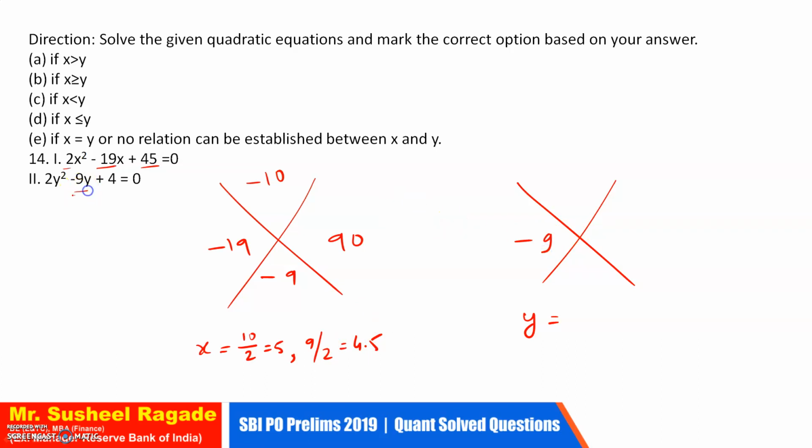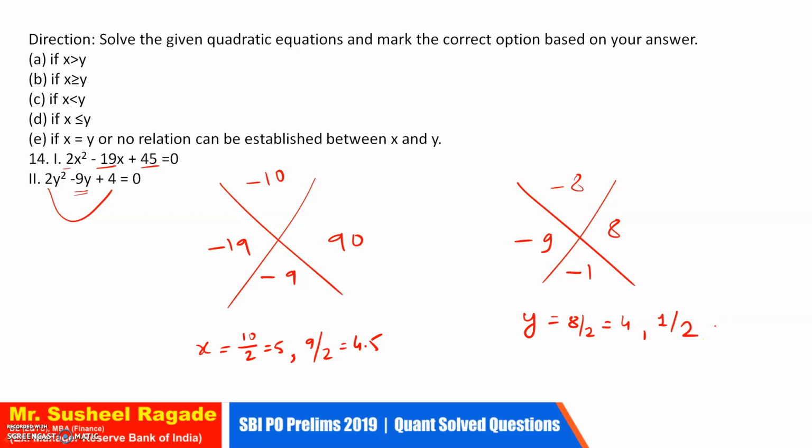Why? Because the coefficient of y, and here we have to write the multiplication, that is 8. So -8 and -1. So what is the answer? 8 by 2 is equal to 4, and this is 1 by 2.